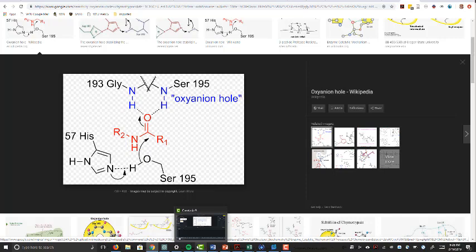saying all enzymes stabilize a transition state is not a concrete example. That'll get you a point or two. That'll get you maximum half credit, okay? This is an example. You don't have to draw it, but you have to say, like, enzymes can form oxyanion holes, specifically chymotrypsin has an oxyanion hole.